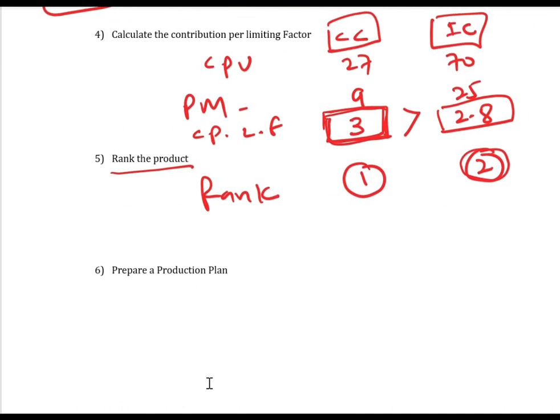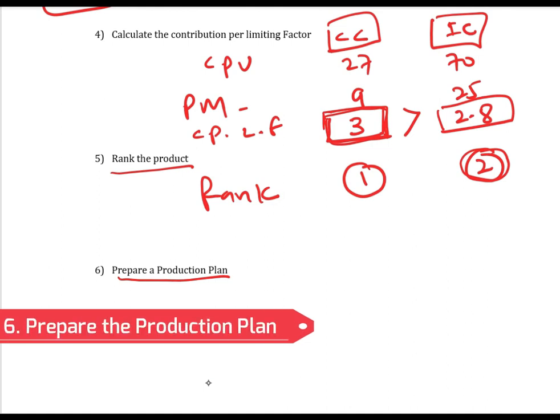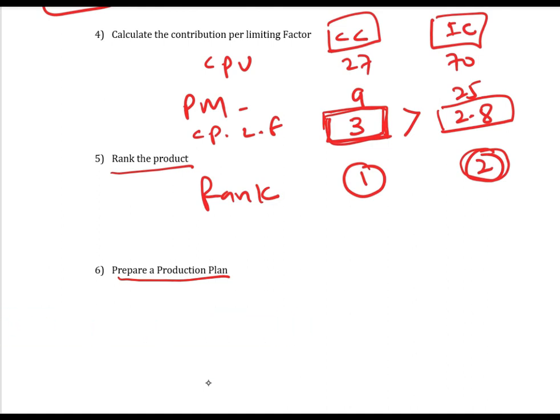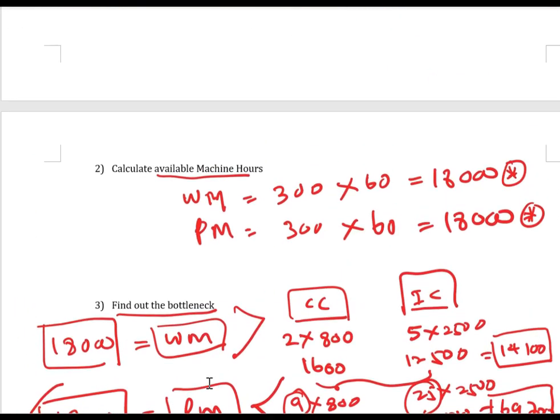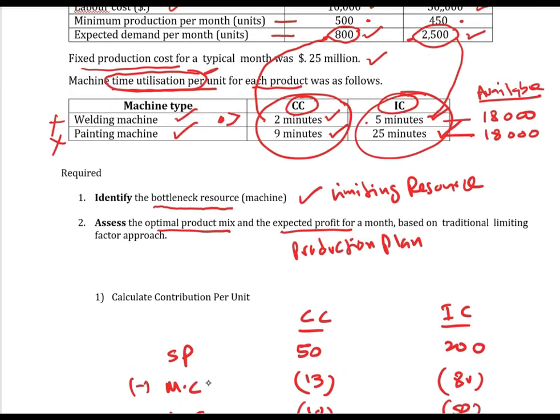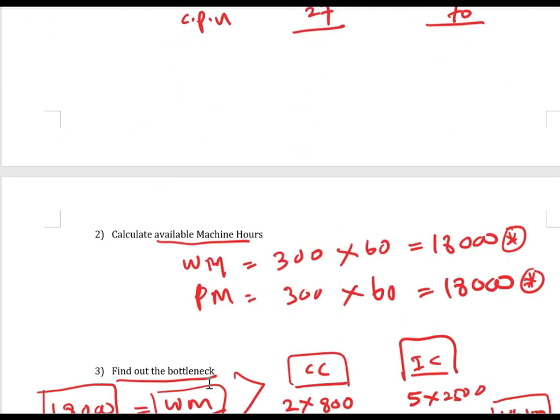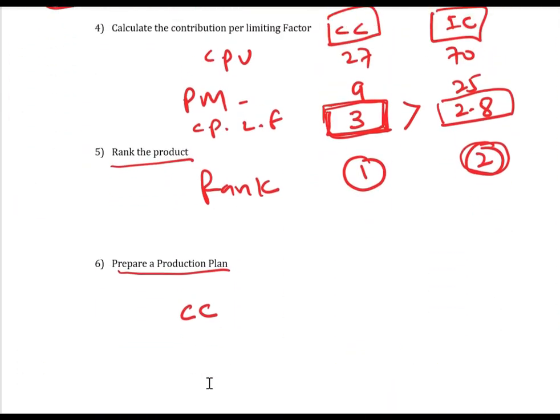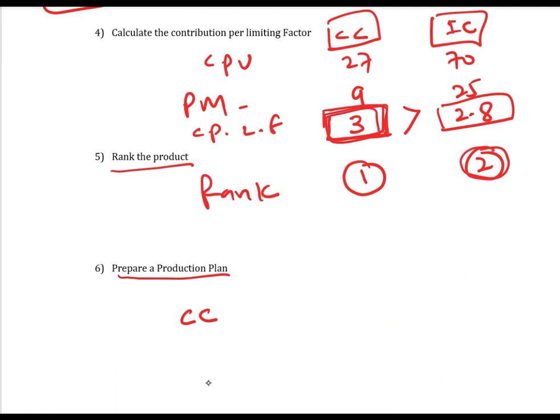Now let's prepare the production plan. As per the ranking, CC has to be produced first. Demand is 800, and 800 has to be produced first because it gives a higher contribution.